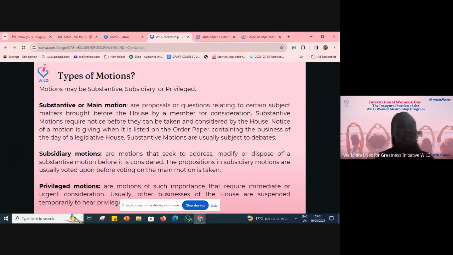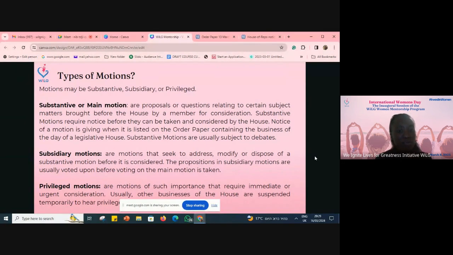So sometimes they may tell you something that would add to your motion, or sometimes they'll take a point of order to contribute to your motion, or to speak about something that you may not have seen or included in your motion. Sometimes it's also for them to tell you, okay, we need you to step down your motion for a bit, and then you can continue later. Maybe there's an important issue to discuss in the House.